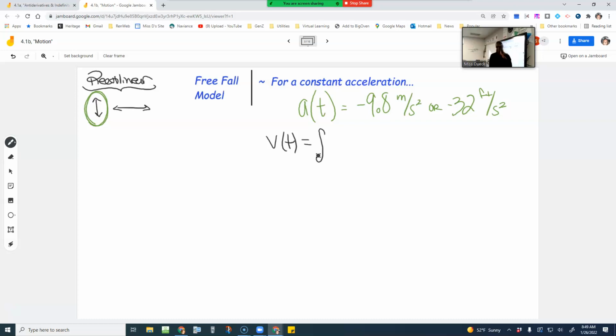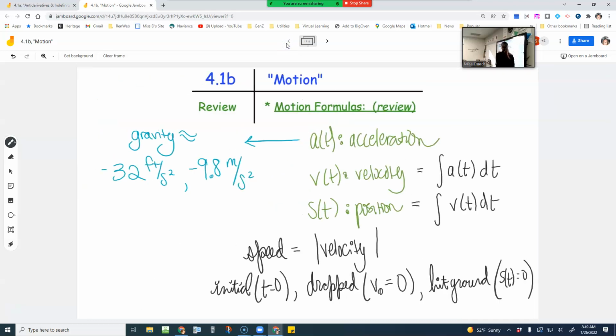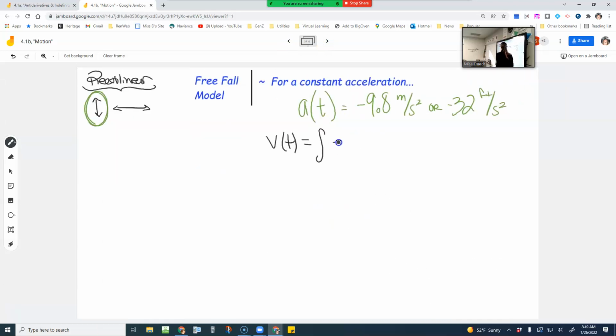Cool. So velocity is equal to, from the page before, the integral of acceleration. The nice thing is that acceleration in free fall models is just gravity. If I just integrate that constant, that's easy, right? It's with respect to t, so let's throw that t on it, and then plus c.